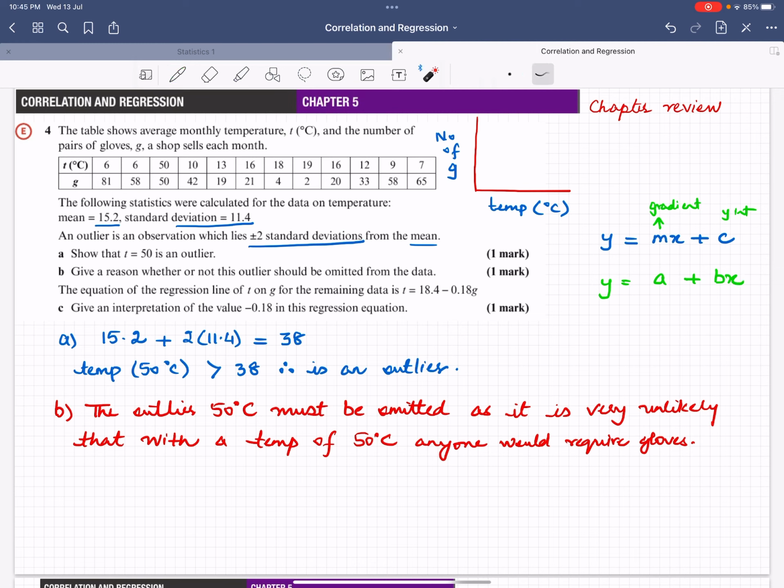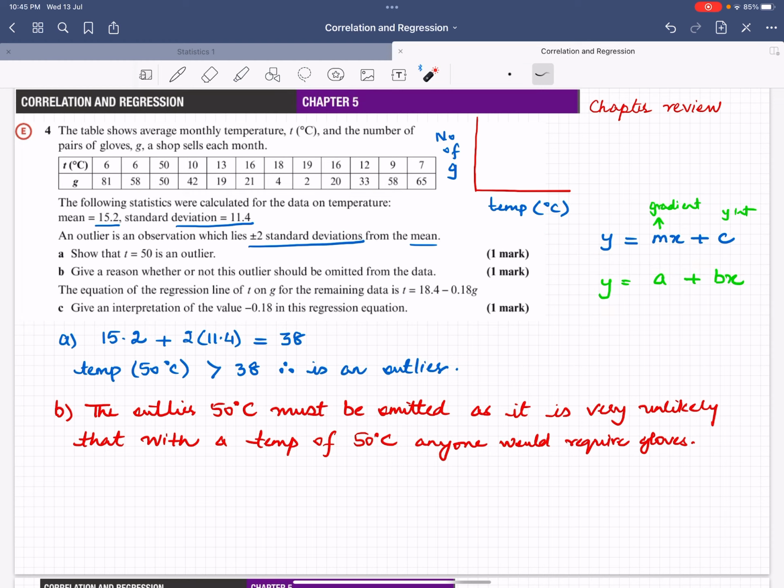So here it's the same, but the only difference is the y-intercept is denoted by the letter c here, and by the letter a here. And here the gradient is denoted by the letter m, whereas here the gradient is denoted by the letter b. That's the only difference between the equation of the regression line and the general form of the equation of a straight line.